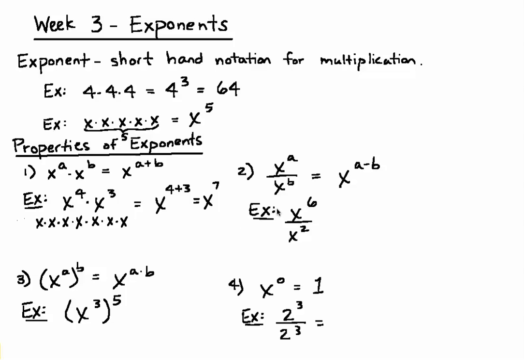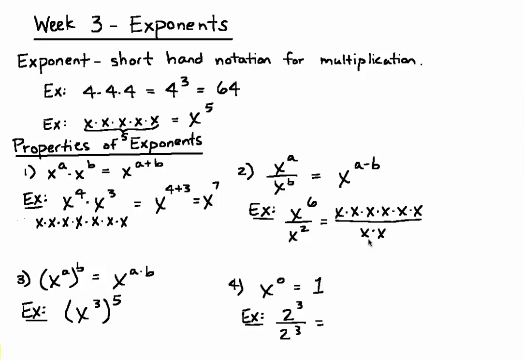In property number 2, it's the same principle, except instead of multiplying, we are dividing. X to the a divided by x to the b can be written as x to the a minus b. So when we divide, we can subtract our exponents. And the same principle works here. X to the 6th means that I have 6 x's, and x to the 2nd power means that I have 2 x's.